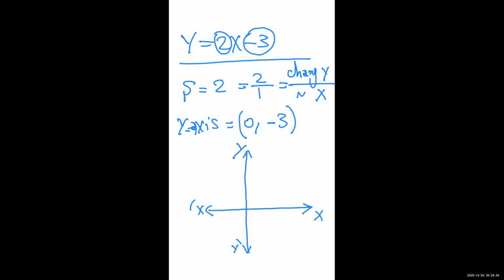Okay, so this one is 1, 2, 3, 4, and -1 and -2, and here 1 and 2 and 3 and 4 and -1 and -2 and -3.